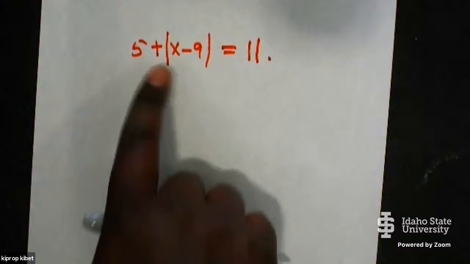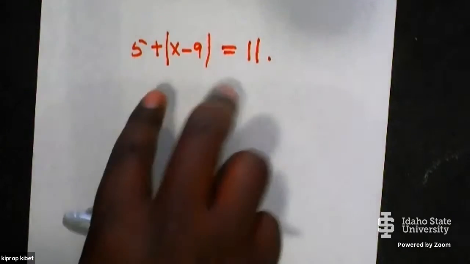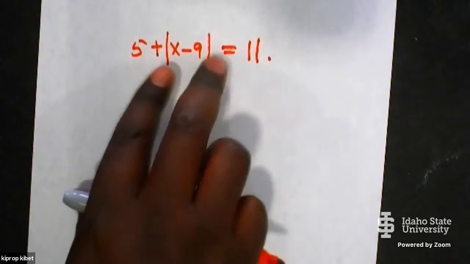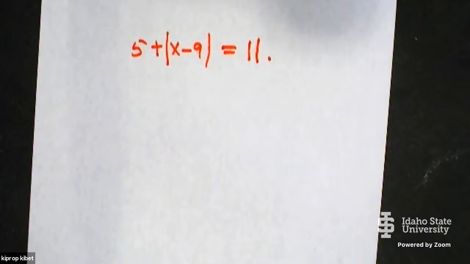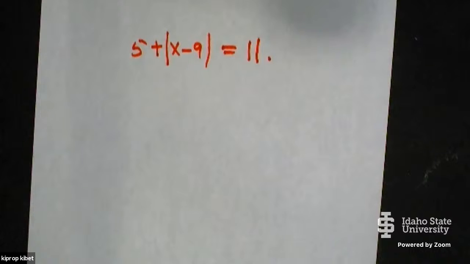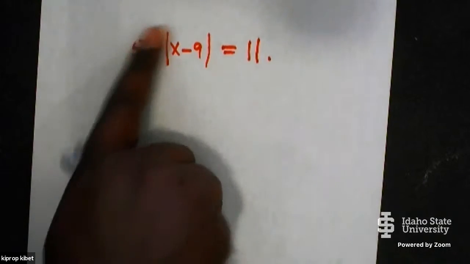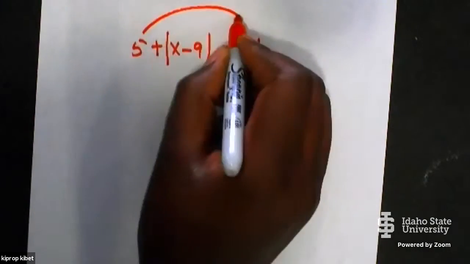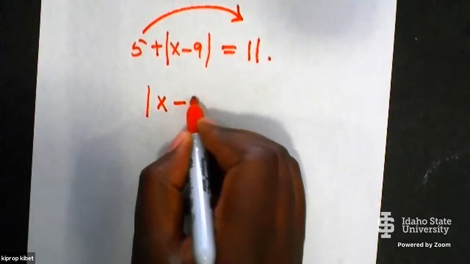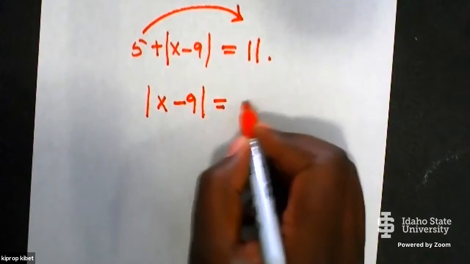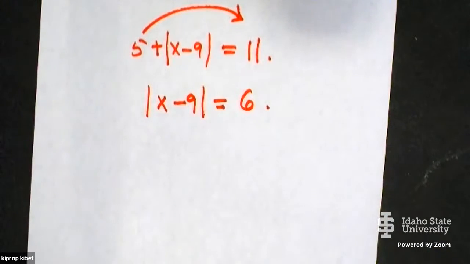First of all, you need to put the absolute value on one side and the other terms on the other side. So in our case, we take the 5 to the other side. What we get is the absolute value of x minus 9 equals 6.